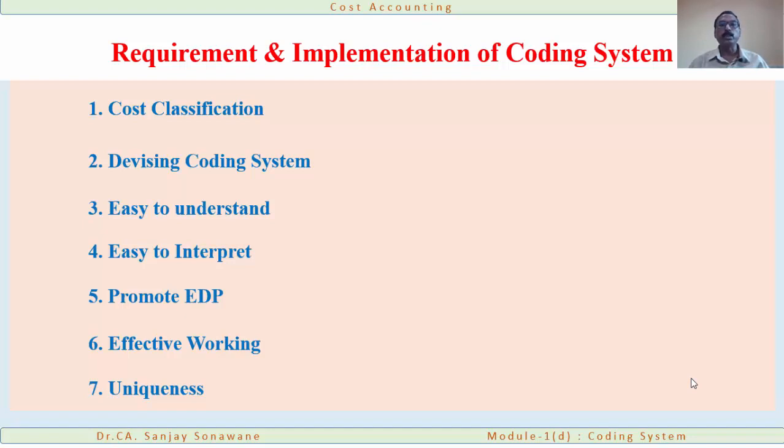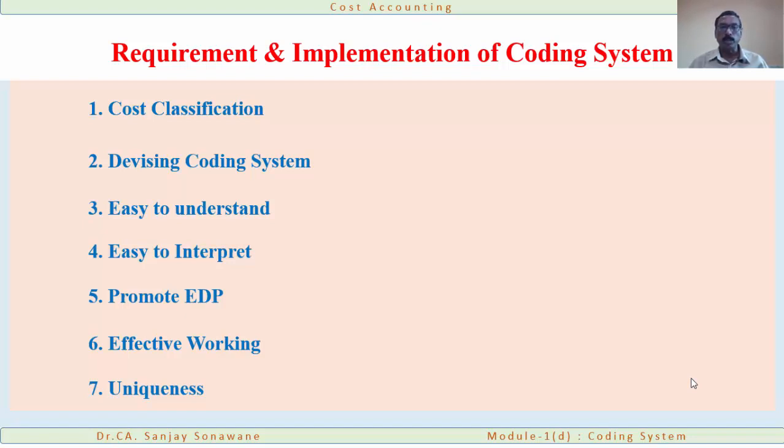The third one is easy to understand. We are going to discuss this in detail also. This coding system must be easy to understand. Whatever coding system we develop, it must be easy to interpret also. The coding systems are going to work in an environment where we are using computers, so it should promote EDP.